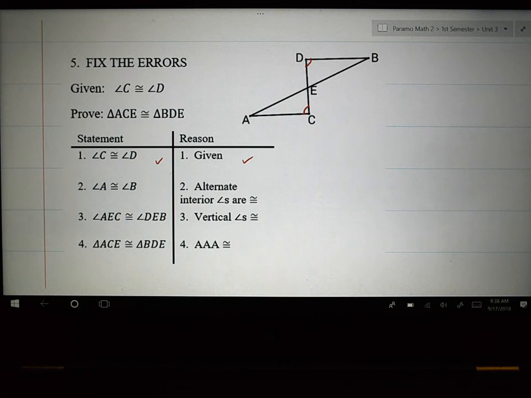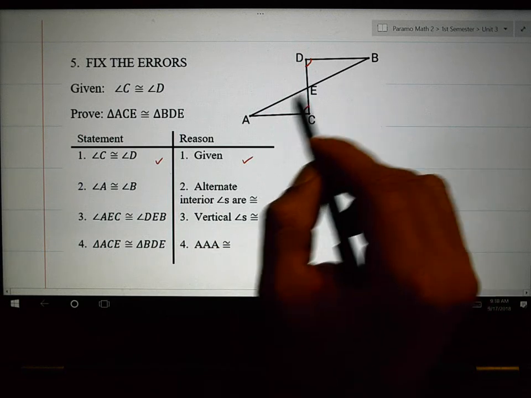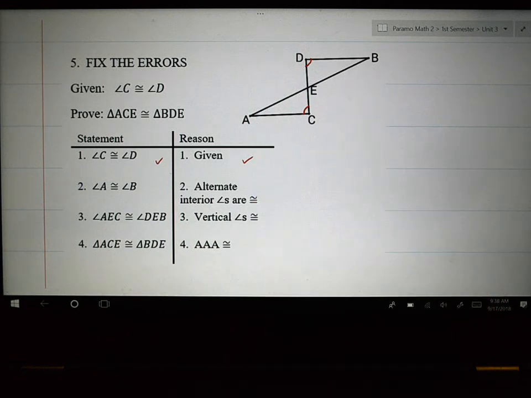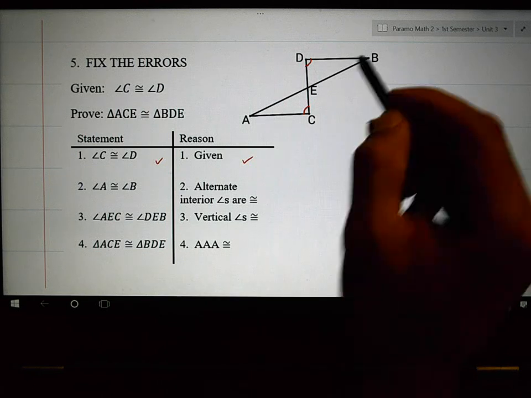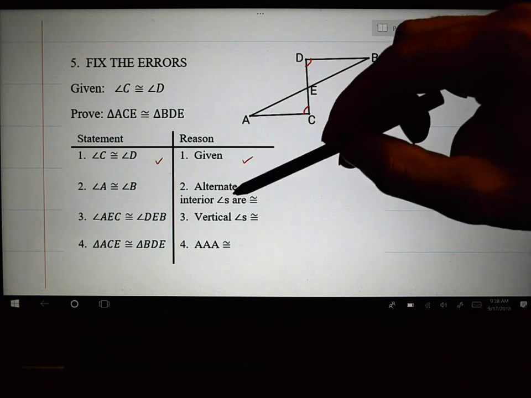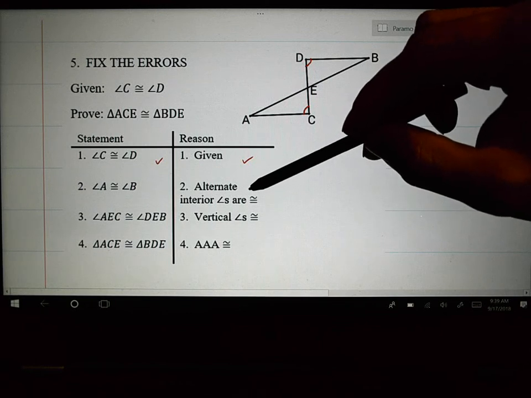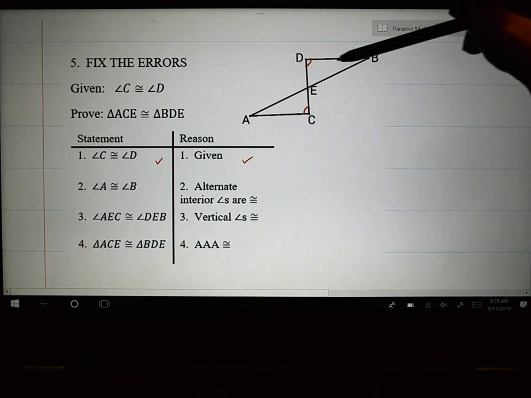Number 2, angle A is congruent to angle B. The alternate interior angles are congruent. Are these congruent to each other? This one's a little bit harder to tell because you were taught alternate interior angles are only congruent if they are parallel. So is this parallel to this?